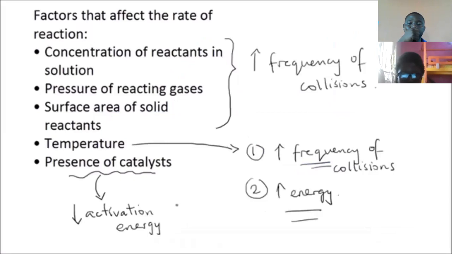So as long as we understand collision theory and what activation energy is, we can explain how each of these 5 factors actually affect the rate of reaction. The first 3 increase the frequency of collisions. Temperature affects both. It increases the frequency of collisions and it also increases the particle's energy. And catalysts reduce the activation energy needed so that more collisions will result in a reaction.